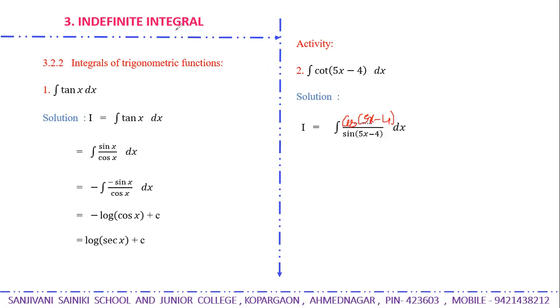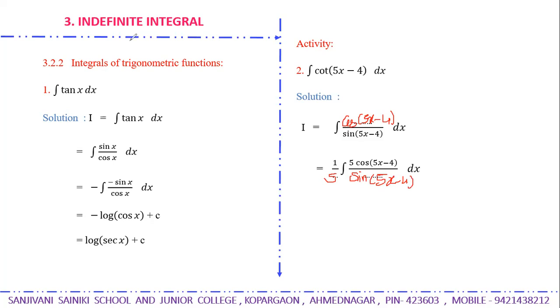What is the derivative of the denominator, sin of 5x minus 4? It is 5 times cos of 5x minus 4. So definitely I have to adjust a 5.